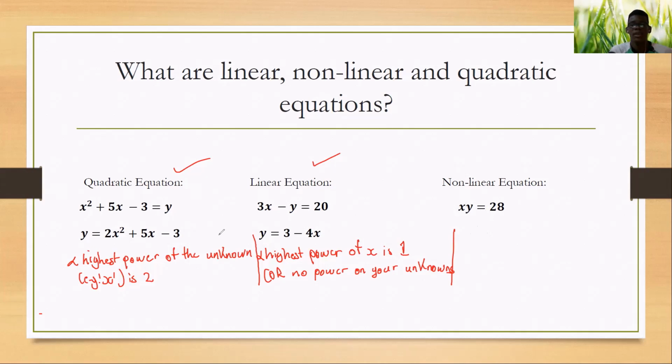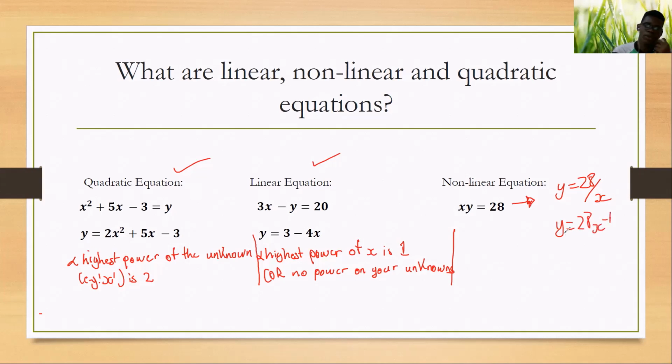And another thing I can argue is, if you rearrange it, you will see, if I change the subject of the formula, I have y is equal to 28 divided by x. And dividing by x can be expressed as x to the -1.